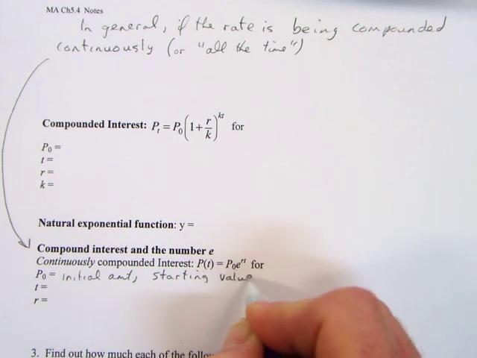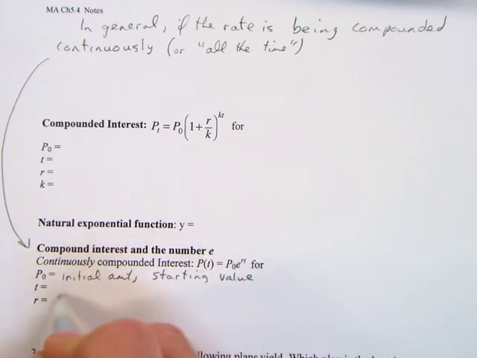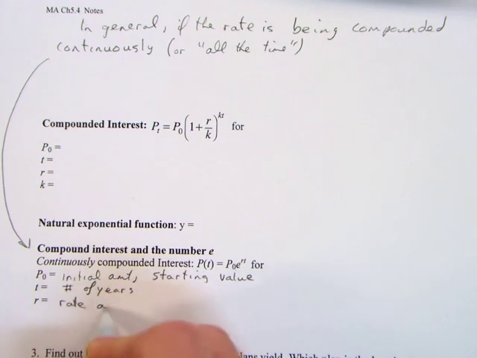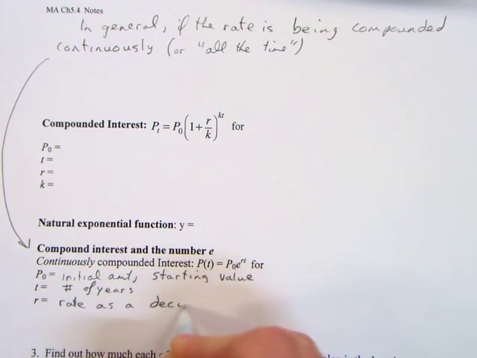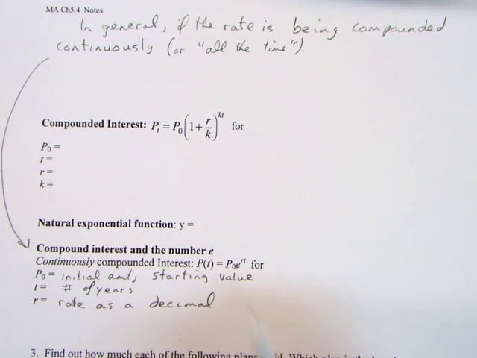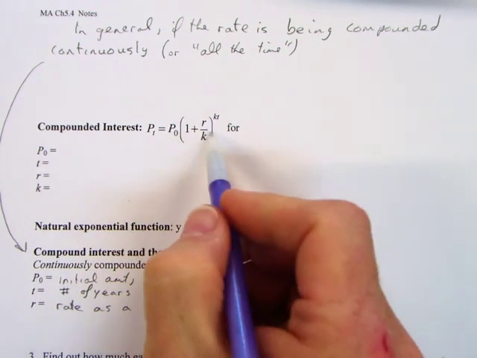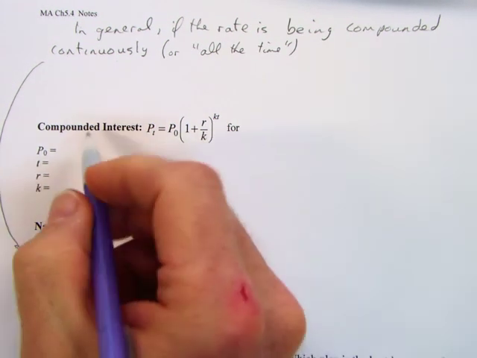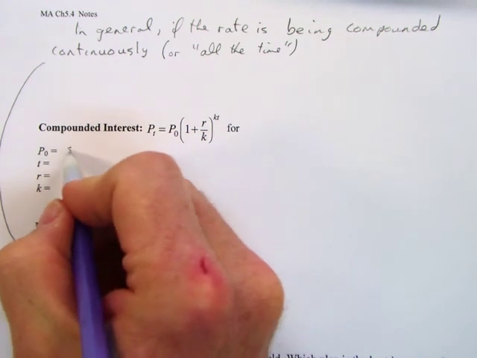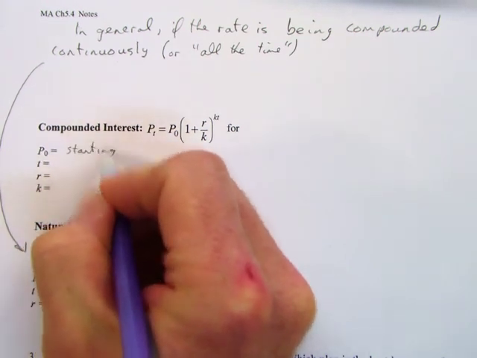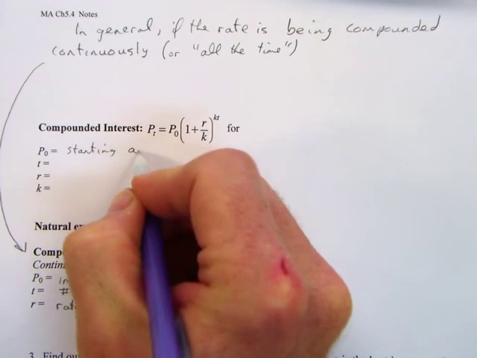Or actually, we can go t. t would be here the number of years, and r would be our rate as a decimal. That's key. You got to make sure that you're converting that to a decimal, because otherwise you're going to get some outrageously large number. What were these parts? Well, P sub 0 was, again, our starting amount, our initial amount, either way. t is our number of years.